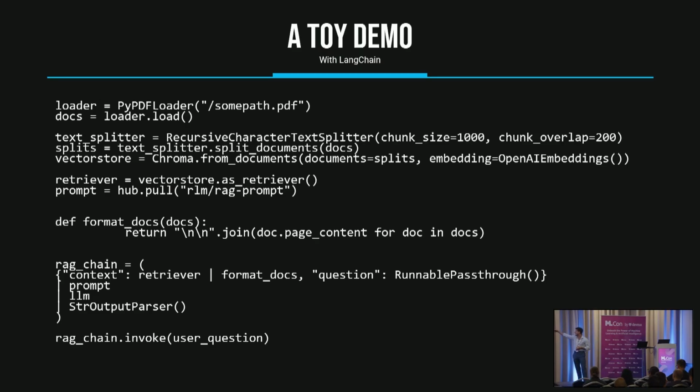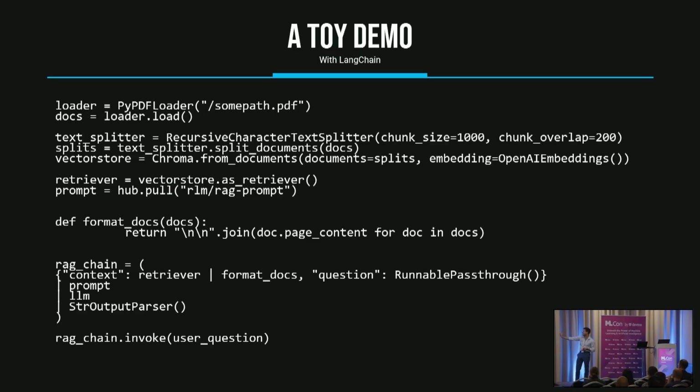Then we store those chunks in a vector store. Remember the embedding part before. We get a prompt. We define a function to format documents retrieved from the vector store. And we finally define the chain. So the context variable is filled by the retriever. Then we format those documents.